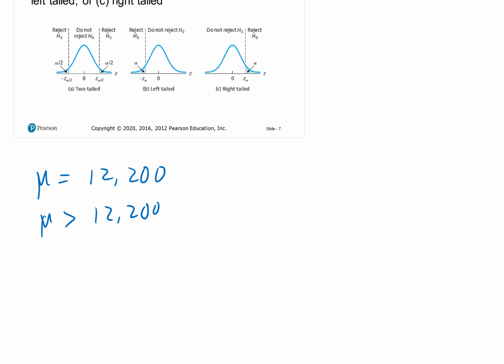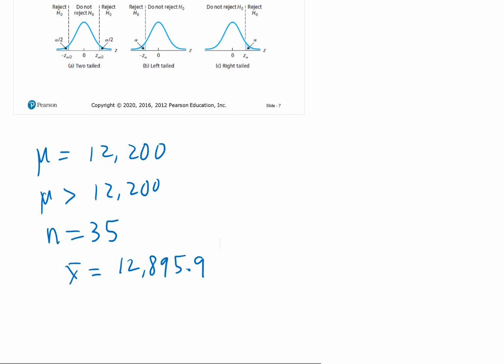She obtains a simple random sampling of 35 drivers. So the sample size she obtained is 35 from a list of registered drivers in the state of Montana. The mean number of miles driven for the 35 drivers is the mean. So X bar is 12,895.9.